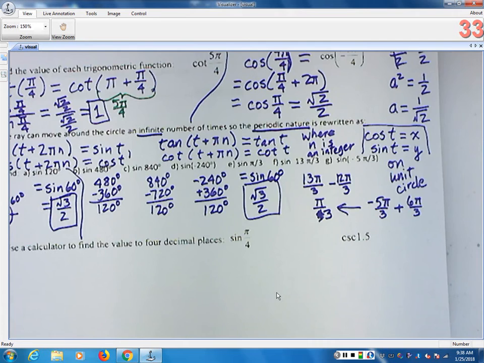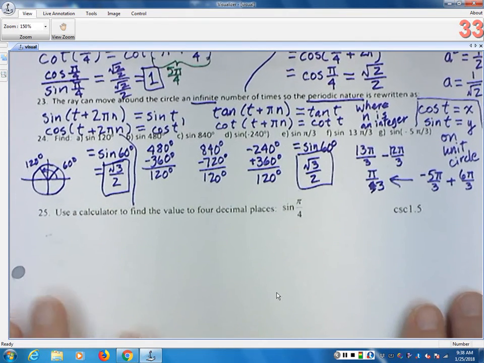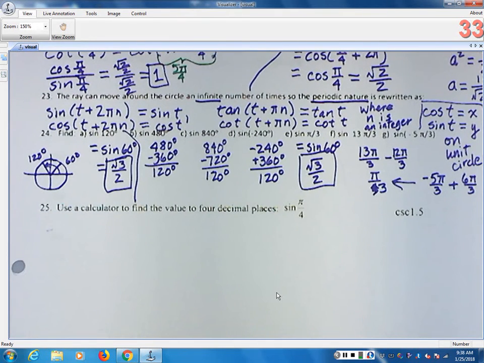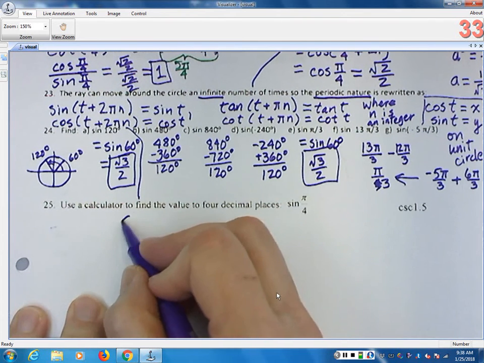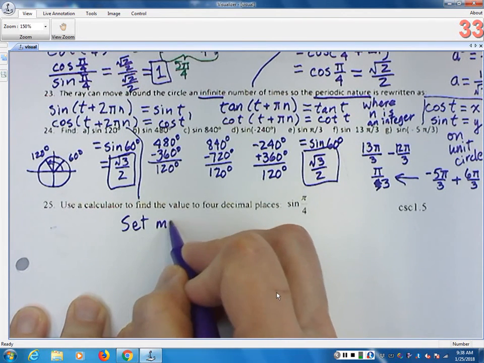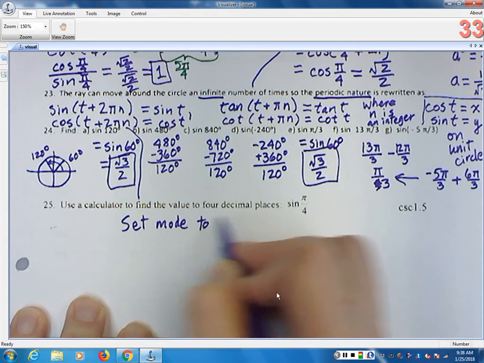All right, how do you find this in your calculator? We're going to use a calculator. If we want to find the sine of pi over 4, the first thing to do is set your mode to radians.